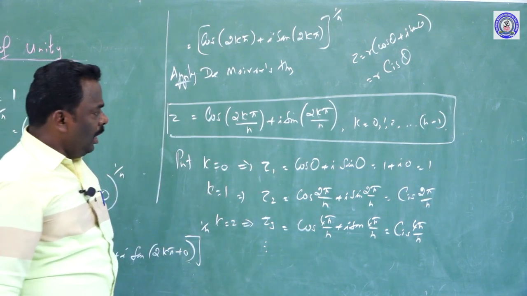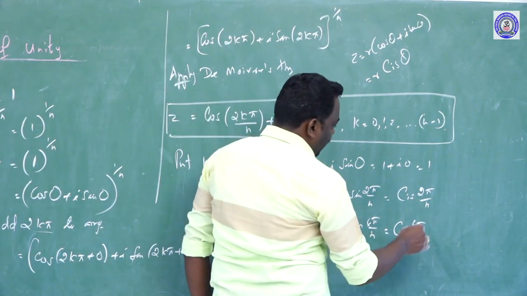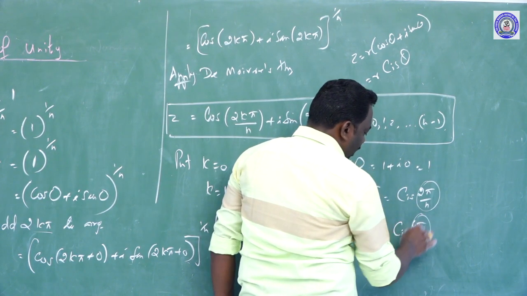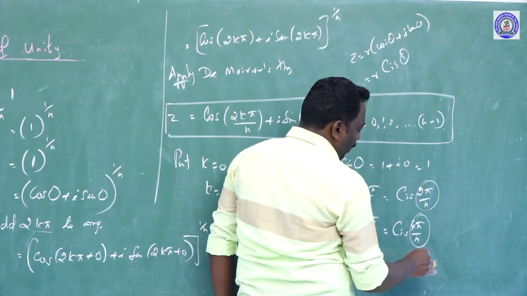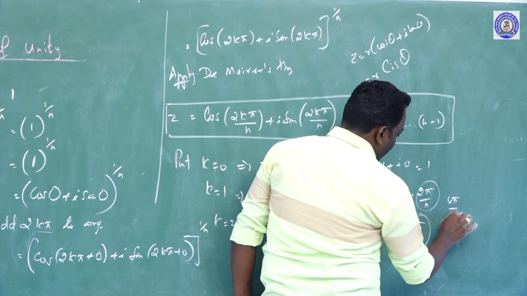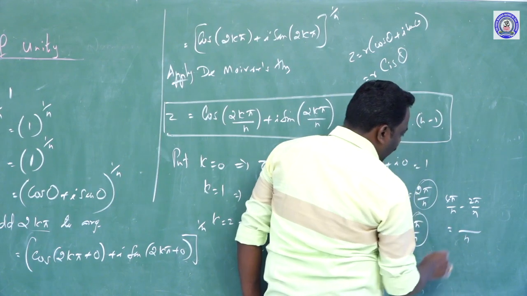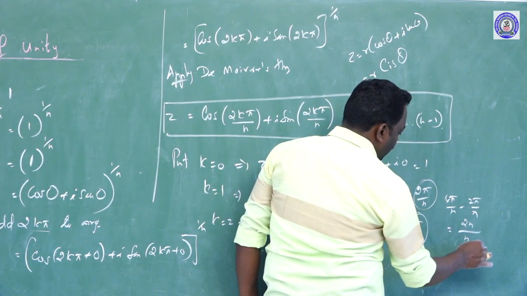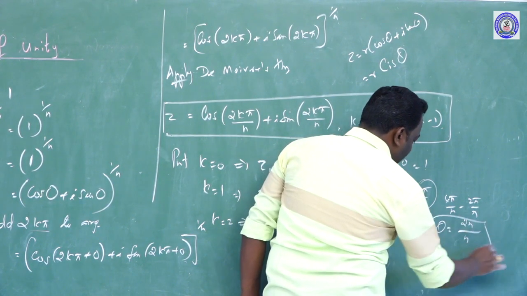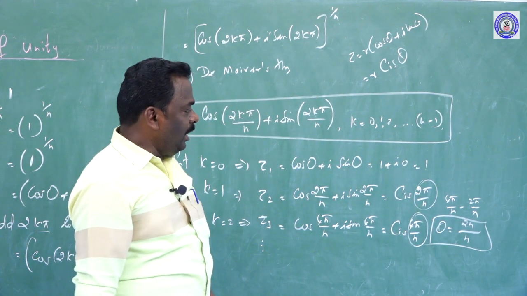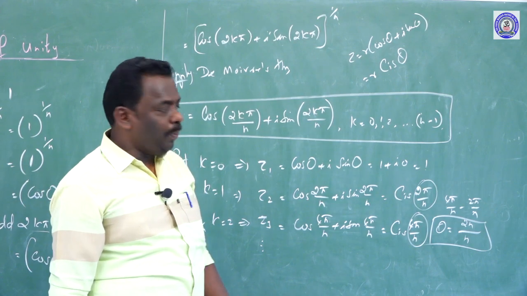Now comparing theta from the second term and third term, the difference between the two terms is 4 pi by n minus 2 pi by n, taking n common, that is 2 pi by n. Therefore, the common difference between the arguments of z is 2 pi by n.